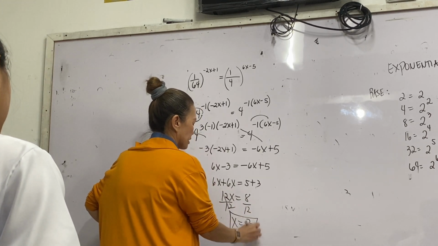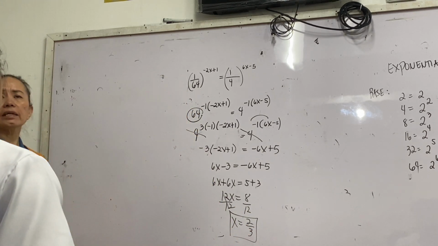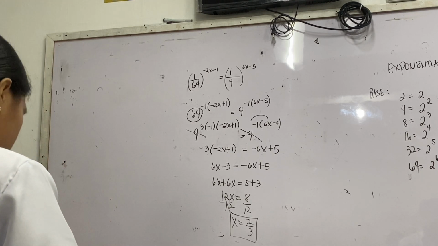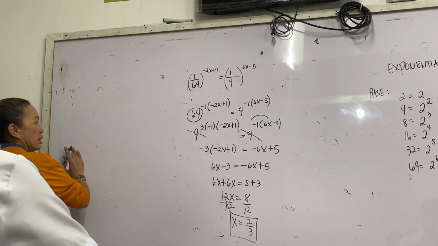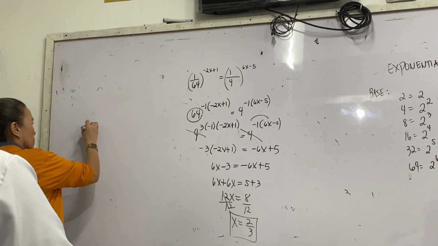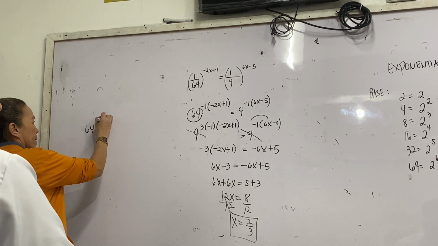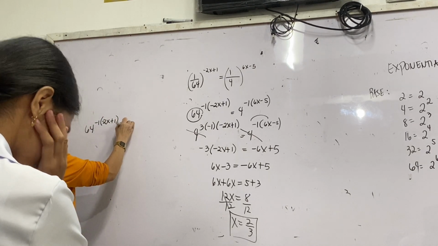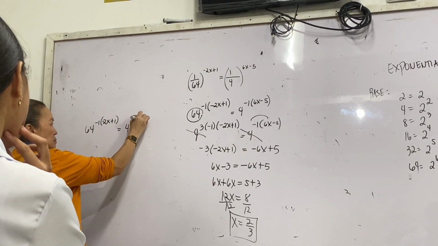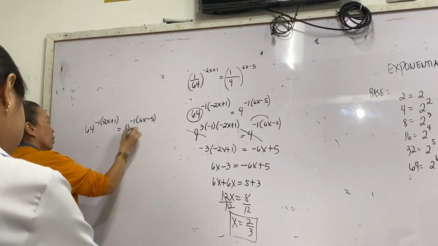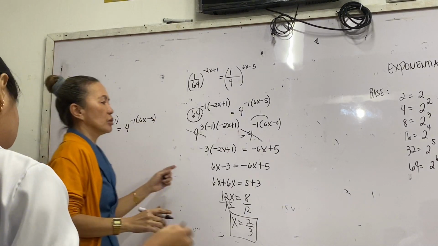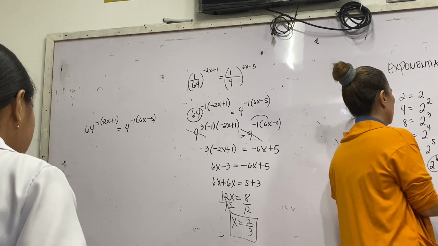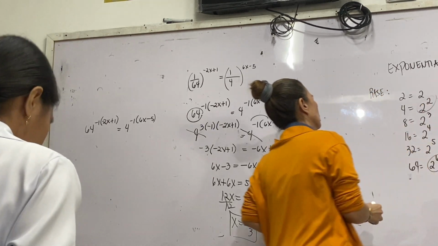We got this answer. Okay, now, let's say gawin natin siyang base 2. Just showing you, sa base 2, 64 is 2 raised to 6 at yung 4, 2 raised to 2.